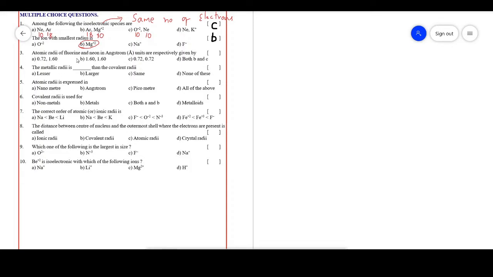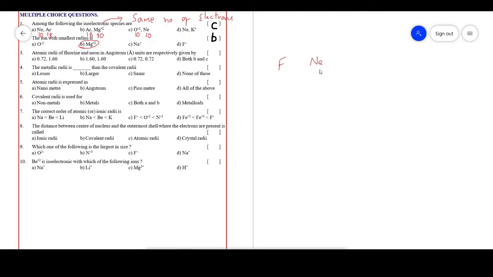Next, the atomic radius of fluorine and neon in angstrom units are respectively given by. Atomic radius generally decreases from left to right. So the expected size is that neon should have a smaller size than fluorine.